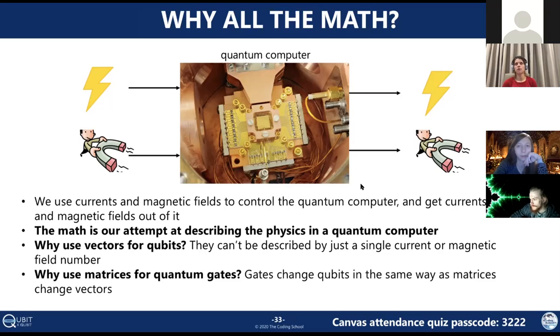Originally they were charged atoms just because that was easier to work with, but they do have neutral atoms now that behave this way. And all of these systems do behave in the exact same way as all the math that we've covered. So yeah, that's why we care about this. It is all exactly mappable to what you do in lab.